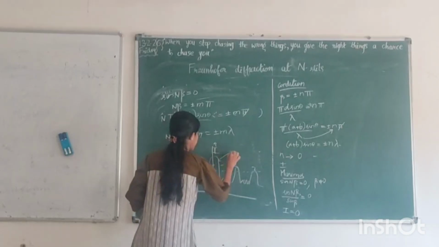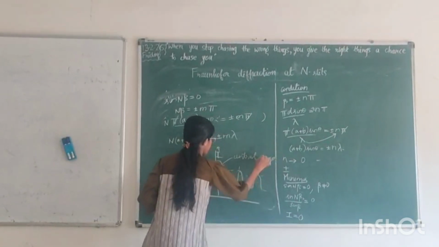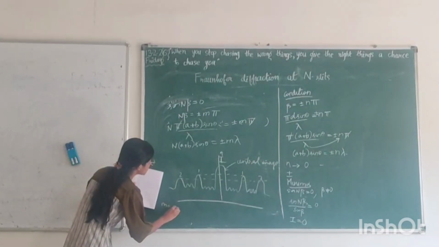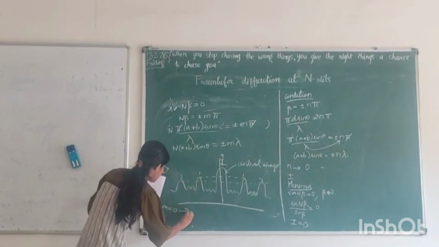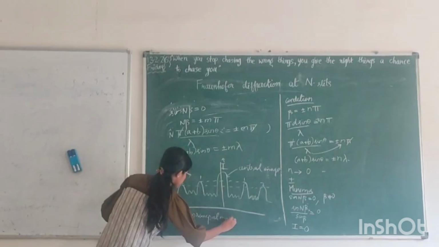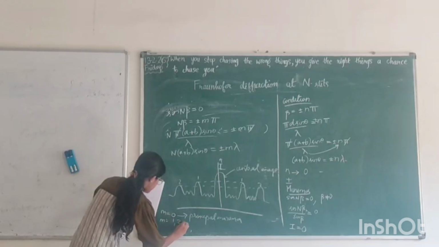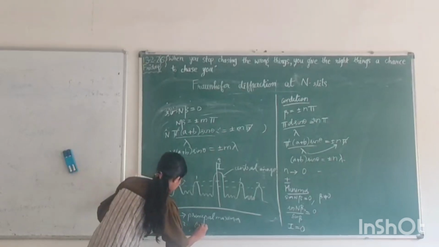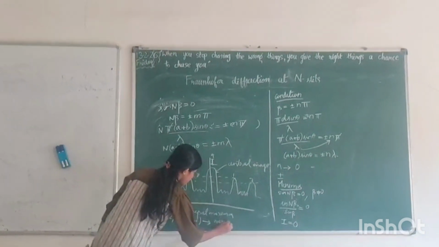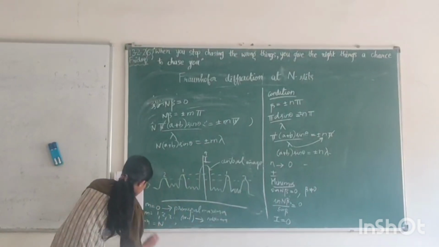Here we get the central maximum. Now m equal to 0 is the principal maximum, and m equal to 1, 2, and minus 1 are minima, and m equal to n is also a principal maximum.